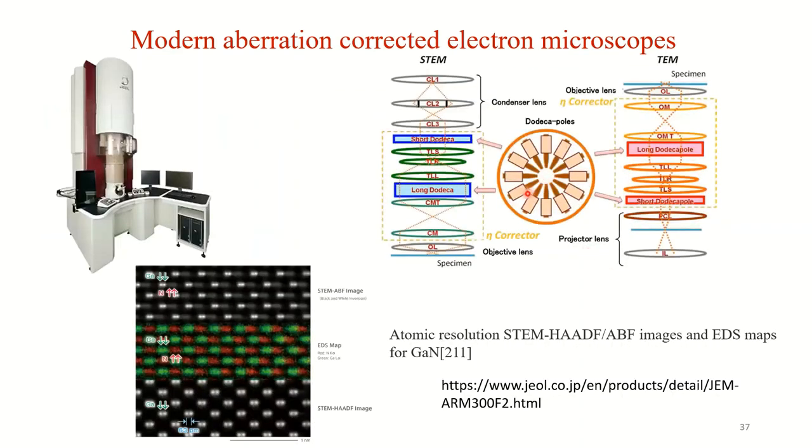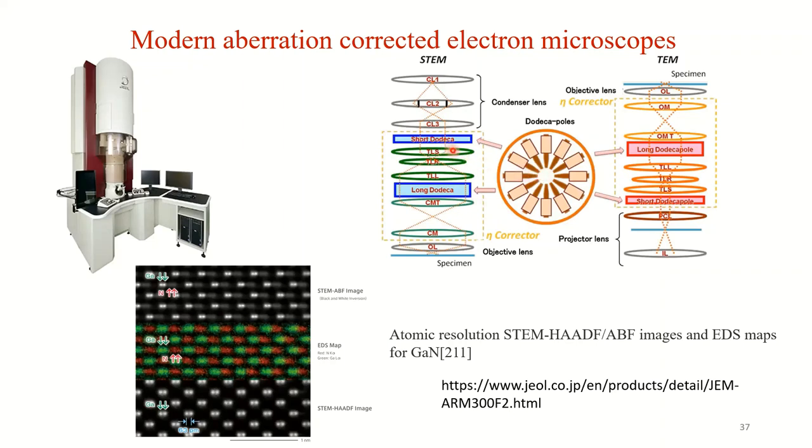And here is a very modern instrument, which is the JEOL ARM, Grand ARM. It operates at 300 kilo electron volts, and it is also equipped with a cold field emission gun and an aberration corrector developed by JEOL itself.